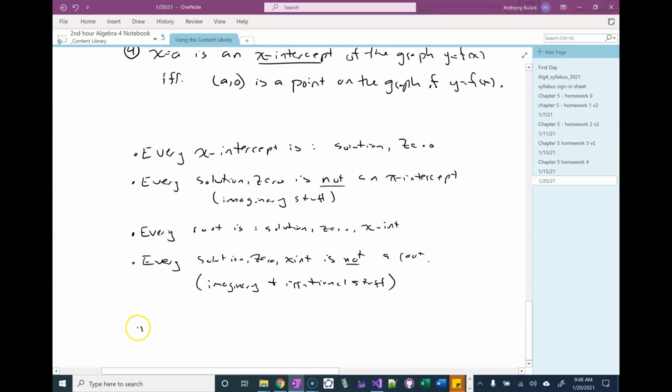So the takeaway here: of these 4 things, solutions, zeros, roots, and x-intercepts, which one will be the easiest for us to find?